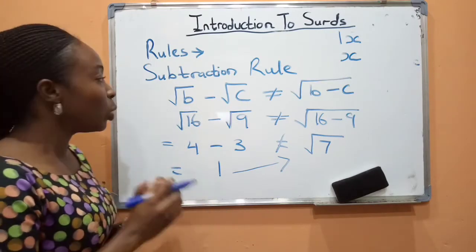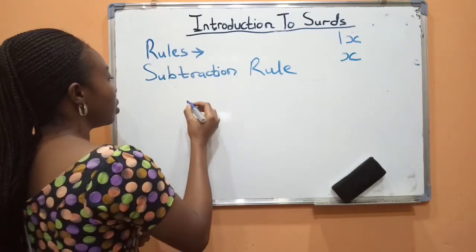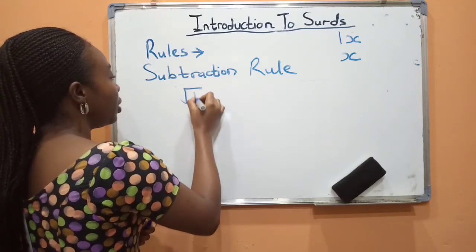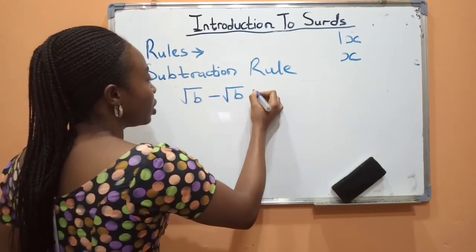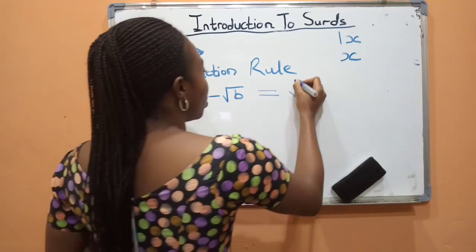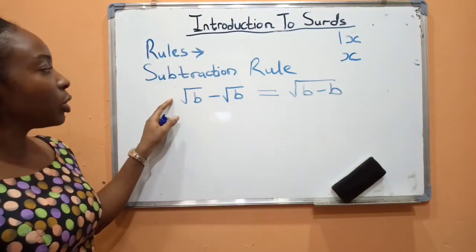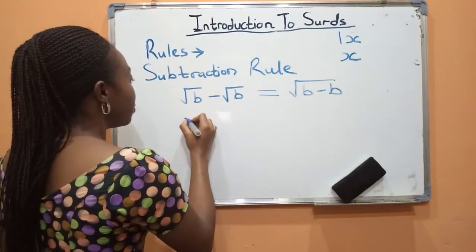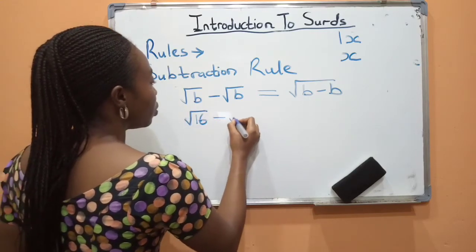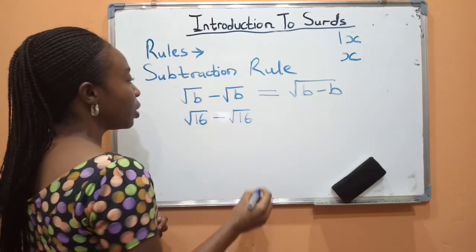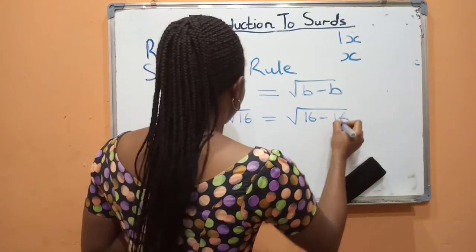Let's look at what happens when we have the same surds. If we have something like surd b minus surd b, this can work. It still equals the surd of b minus b. Now let's impute a number here. Let's say we have root 16 minus root 16. It still equals the square root of 16 minus 16.